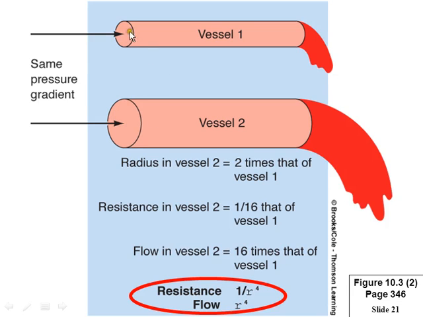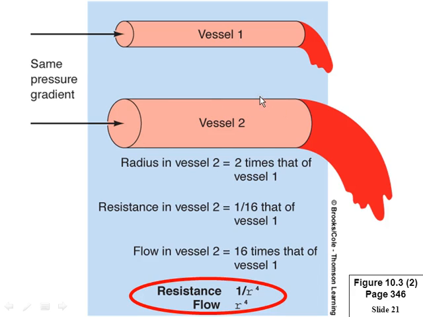So if I take this one blood vessel here and I take it times 2, how do you take something to the fourth power? It's 2 times 2 times 2 times 2. So I've doubled it. So resistance was the R in our equation before. If my radius doubles, my resistance goes down by 2 times 2 times 2 times 2, by 16 times.